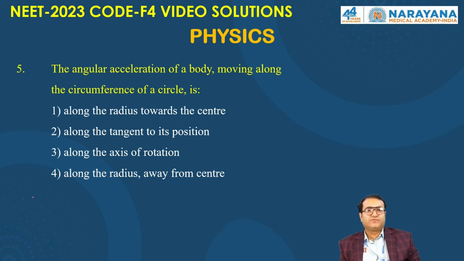Let us come to question number 5. The angular acceleration of a body moving along the circumference of a circle acts along the axis of rotation. Third option. It is a cross product of two vectors, the position vector and the tangential acceleration.